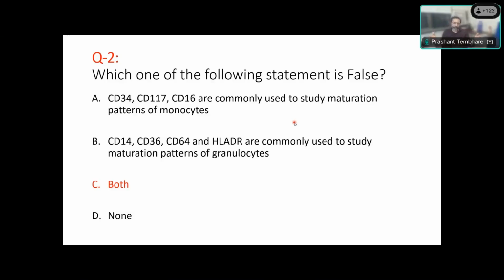There are more than 100 papers published over the last 20 years showing the different abnormalities and how this maturation pattern occurs. Based on these studies we have defined this maturation pattern, and we have confirmed or validated it in our lab using our own antibody combinations or flow cytometry panels.